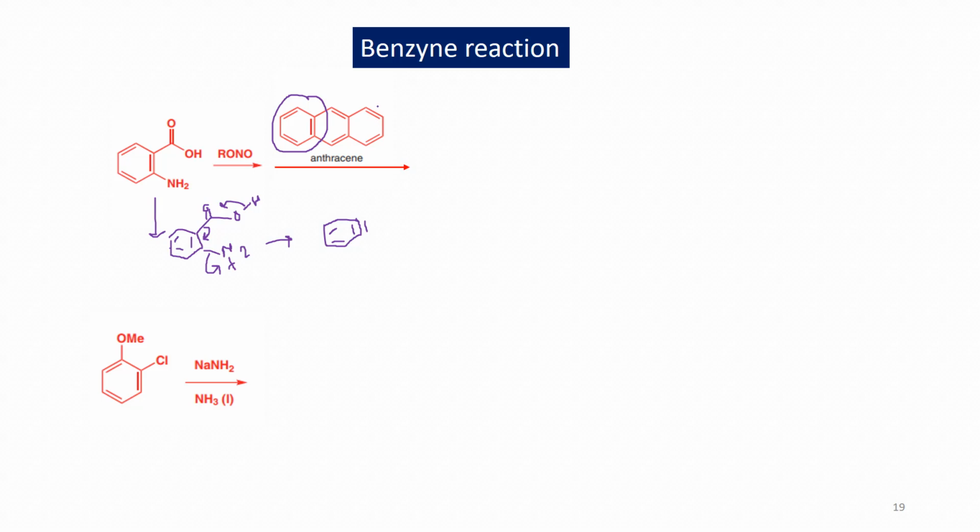Now suppose this one reacts, a double bond comes here. That will not give any extra stability to the compound. But if these two double bonds react, then it will give a double bond at this place. Just imagine the Diels-Alder reaction.